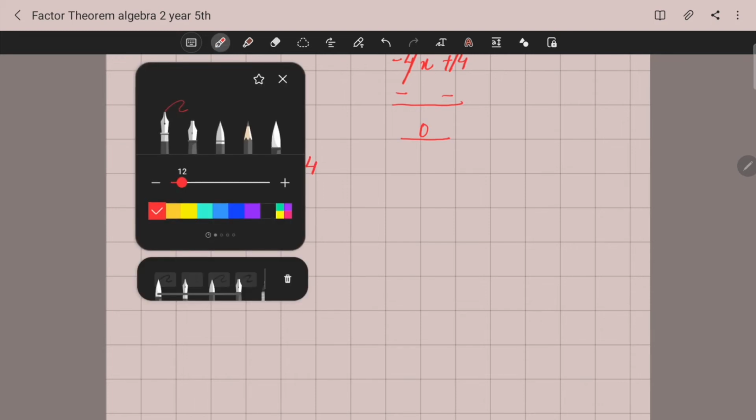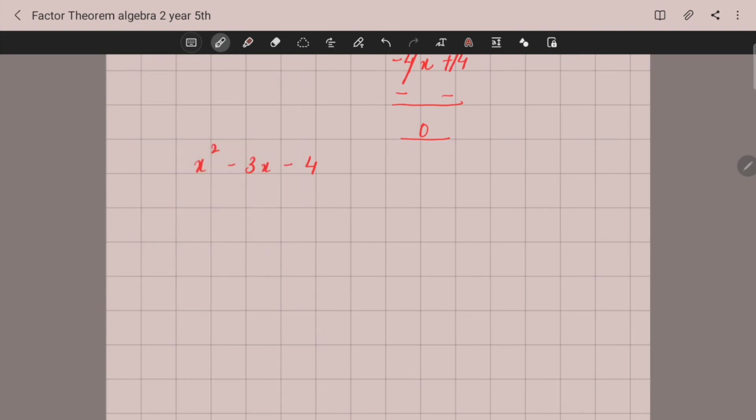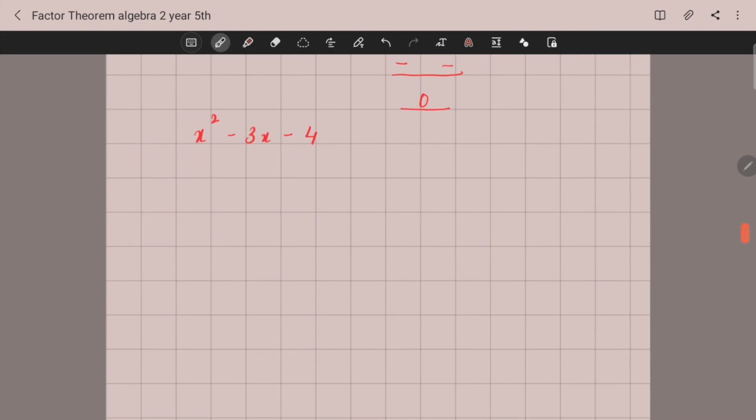Now we have to make factors of this by using the factorization method. For x squared minus 3x minus 4, I have to find factors whose product is 4 and whose difference makes 3. These are 4 and 1.